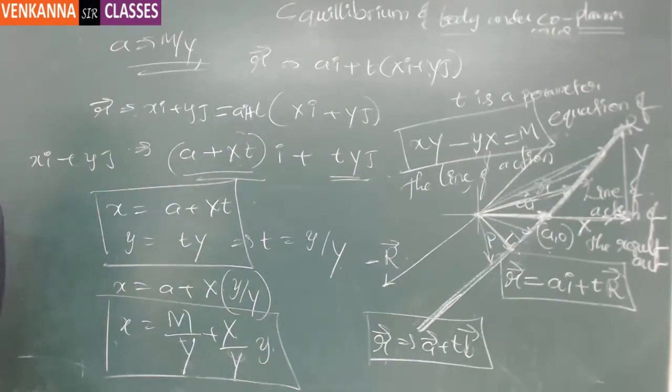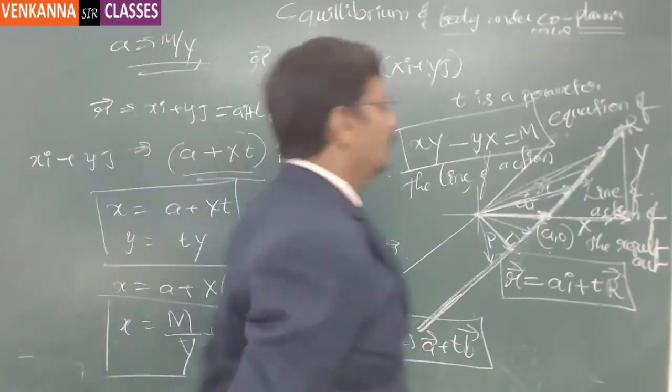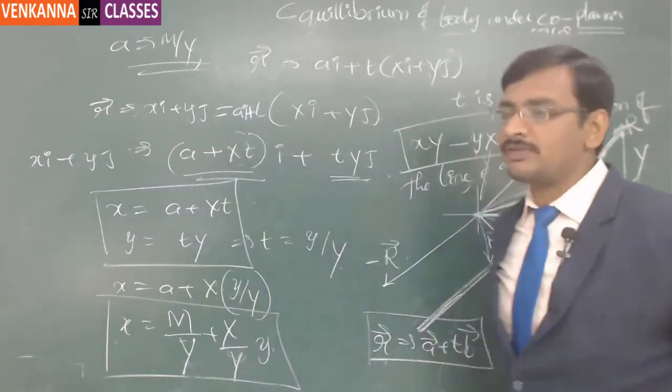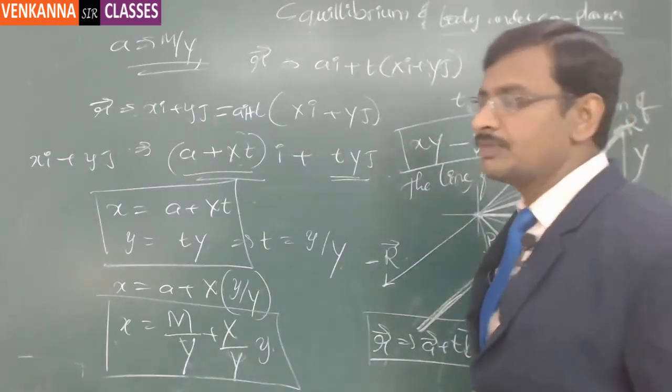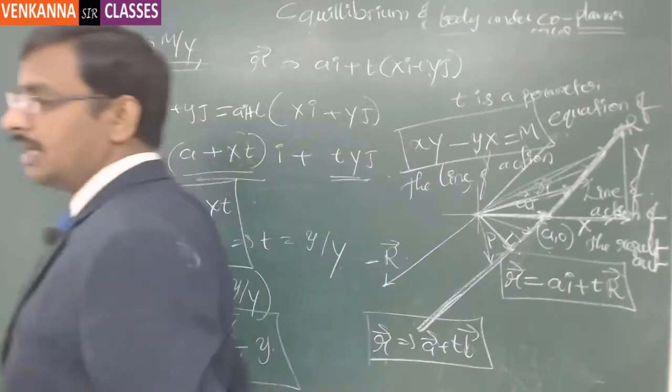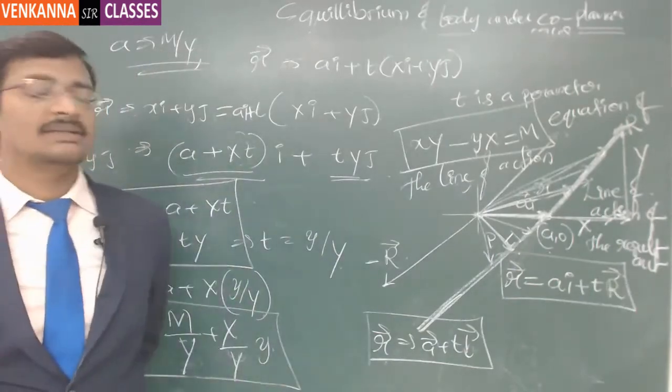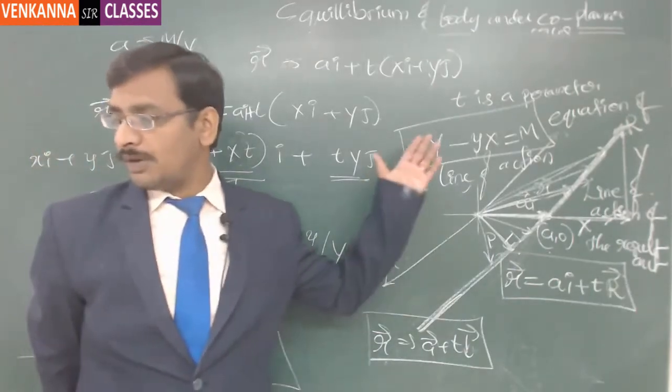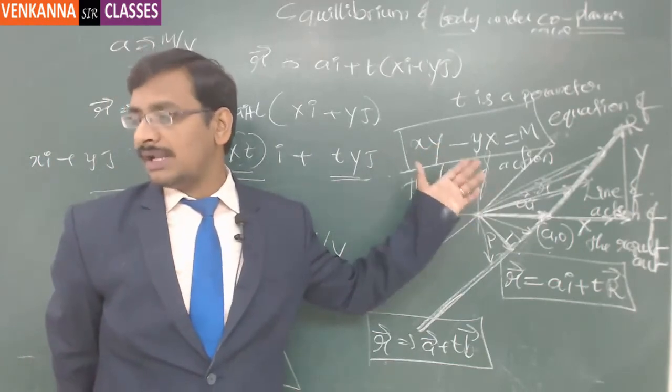You can remember this because in case there are multiple coplanar forces acting on a plane, then the entire thing can be found with the help of this particular equation, that is the line of action of the force.